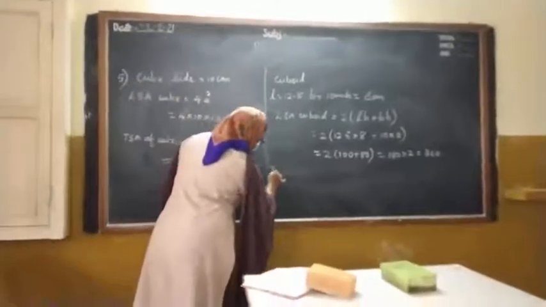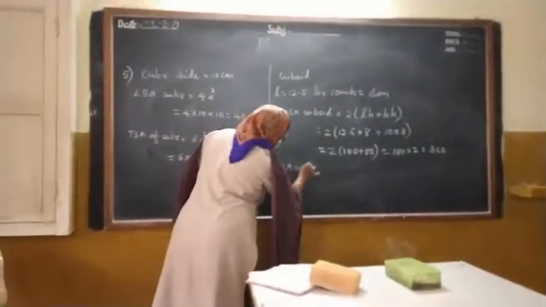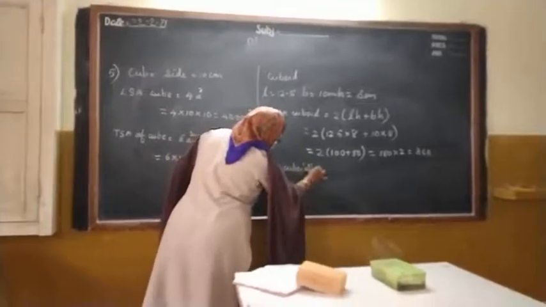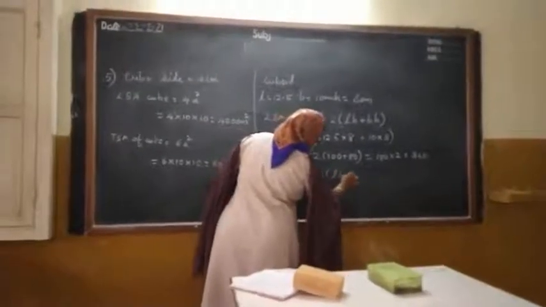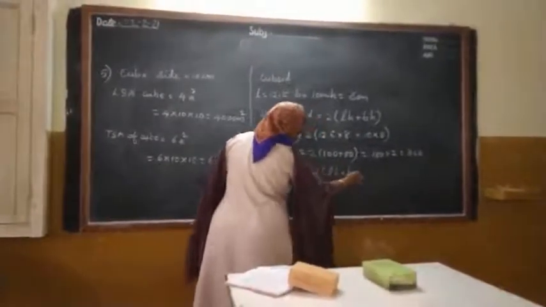Now total surface area when you are taking, 2 times LB plus BH plus LH.